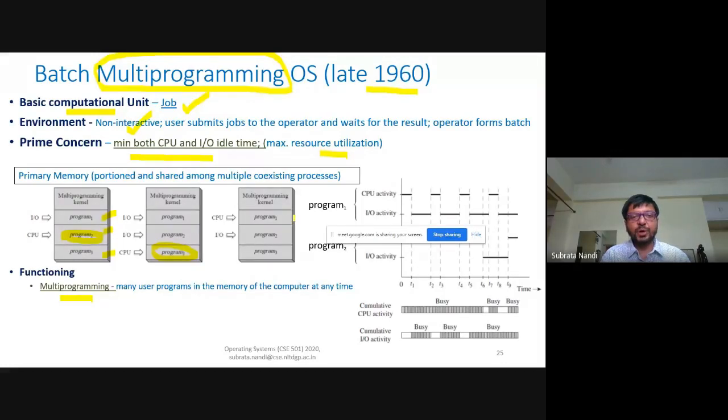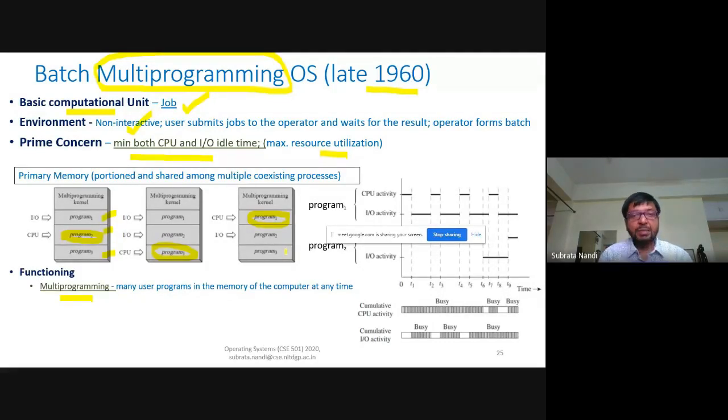And at some other point of time, maybe program 1 is getting executed by the CPU, program 2 is doing IO, and program 3 is just waiting for the CPU. That's why it is not doing anything. So they actually compete in such a fashion that we expect both resources, CPU and IO, will be utilized to the maximum.